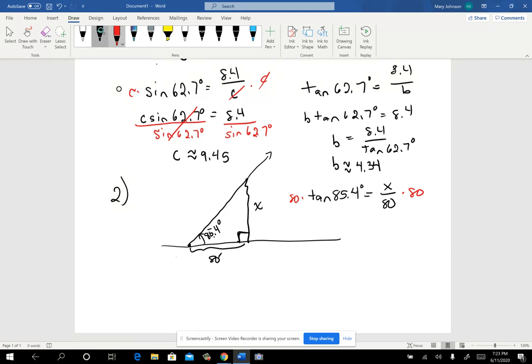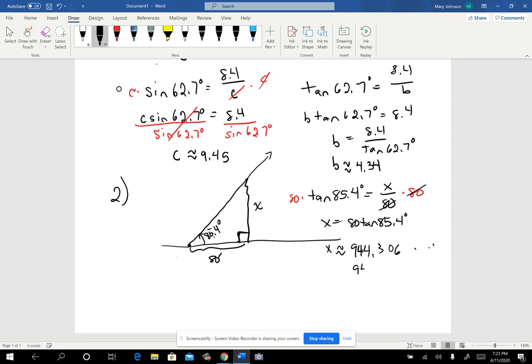All right, so this one's a little easier to solve than the earlier situation. We wind up having x equal 80 times the tangent of 85.4 degrees. And we're already in degree mode, so we don't have to worry about that. So we'll just type in 80 tangent 85.4, and we get that x is about 944.306, and so on.